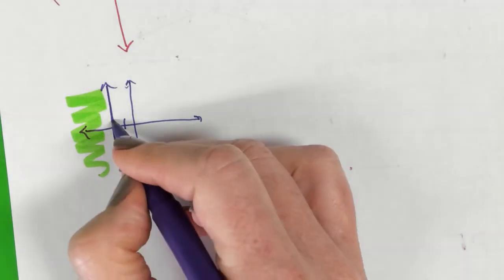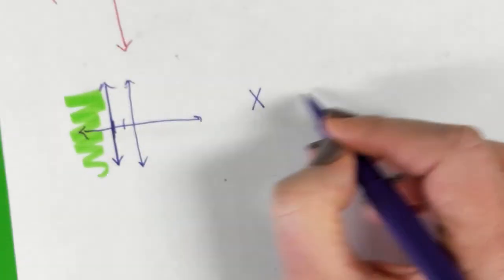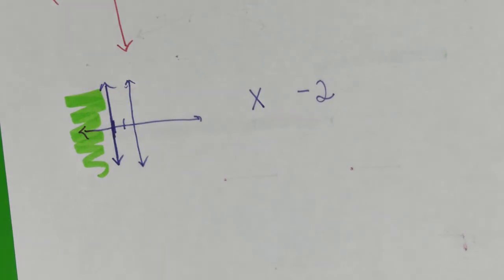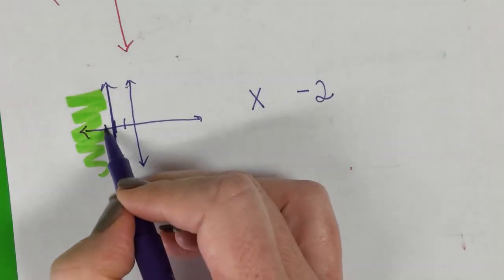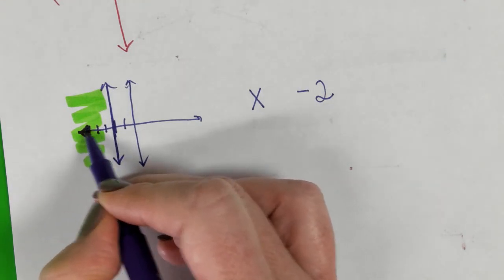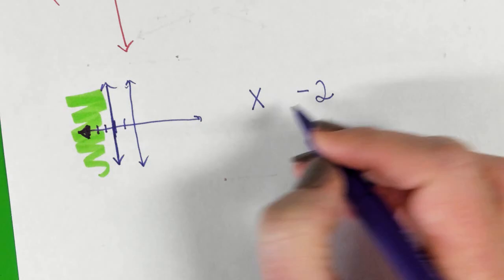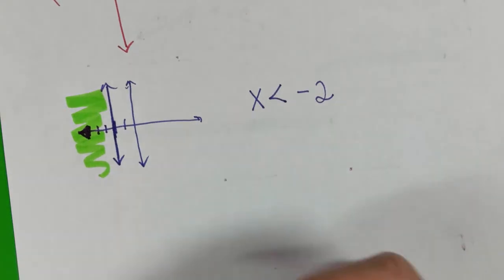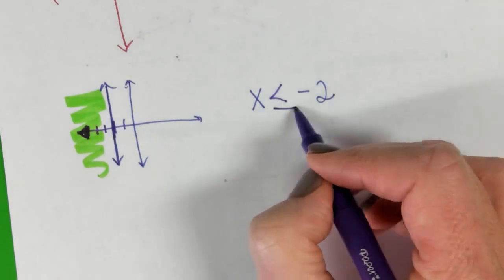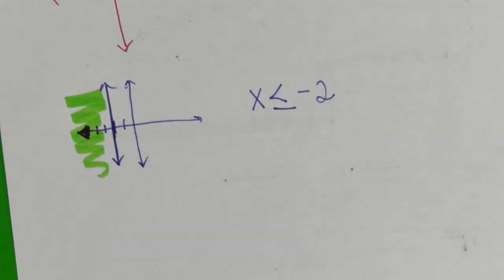This is going through where x is -2. Now, this is where we get tricked up. Is this less than or greater than? Well, think about it. These numbers to the left are smaller than negative 2, right? So this is x is less than, and this is a solid line, so I would say x is less than or equal to negative 2.